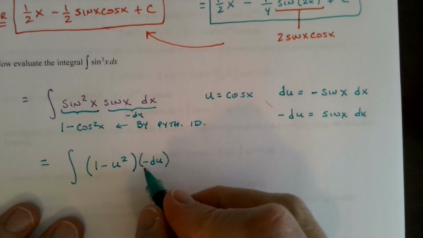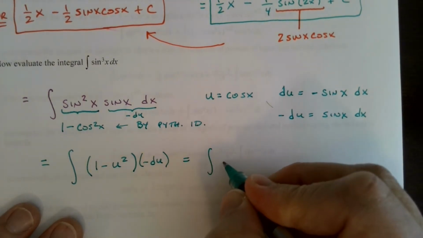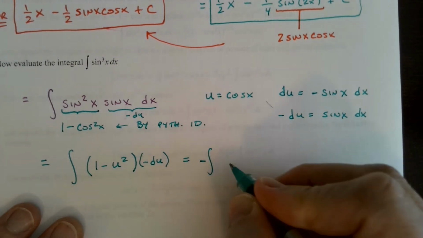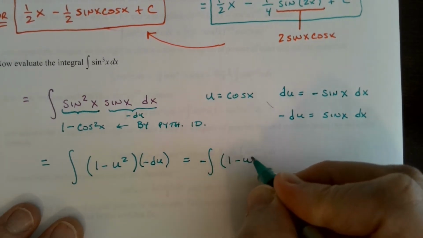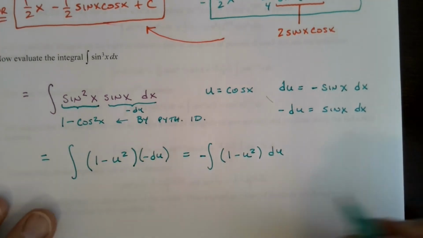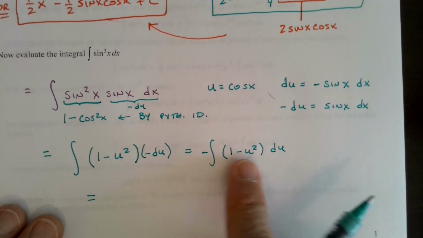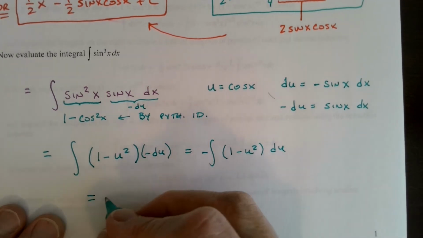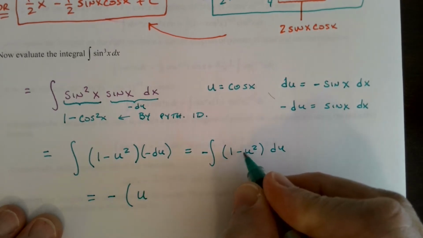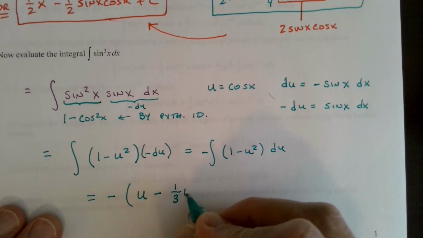Okay, so I can distribute this -1 through, and I get the integral of, actually I'll just pull that negative out here. Pull that -1 out, and I'll be left with 1 minus u squared du. I can distribute it through: -1 plus u squared. That's fine. But now I know how to find the antiderivative of this, right? This is just the antiderivative of 1 with respect to u again. Don't forget we've got this minus sign out here, is u. And then the antiderivative of u squared by the power rule is what? 1/3 u cubed.